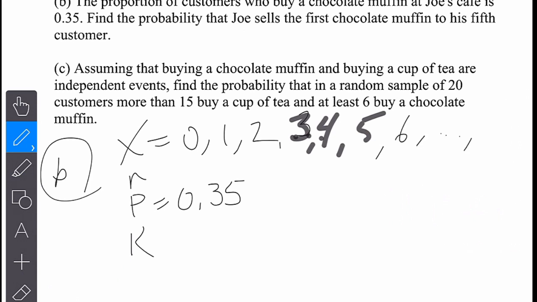I have a feeling the first chocolate muffin to his 5th customer, so it means that he didn't sell to 4 of them.